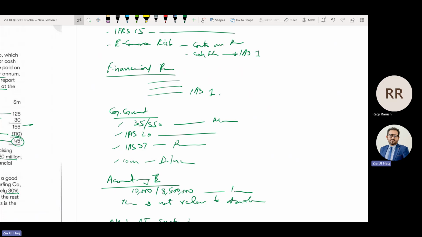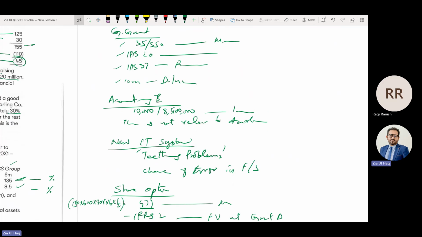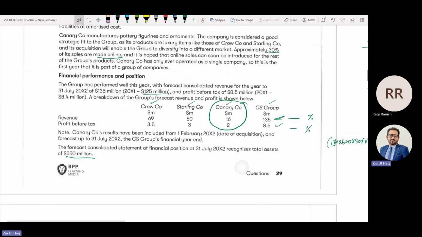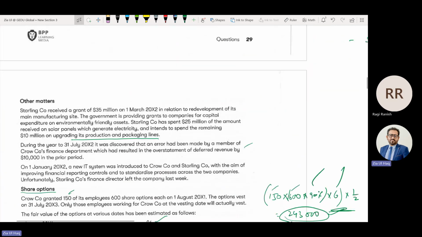And financial performance, both revenue and profit, 2 points, and then linking with IAS 1, 3. Government grant, 1, 2, 3, 4. Accounting error, 1. IT issue, 1. And the share option will have 4 to 5 marks because calculation is also involved there. So for 22 marks, we can discuss risk.